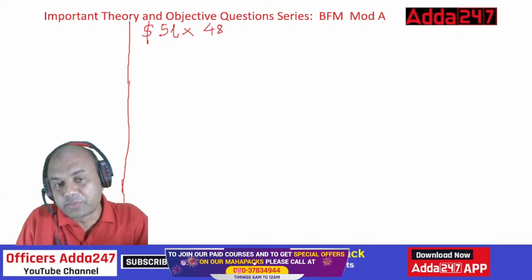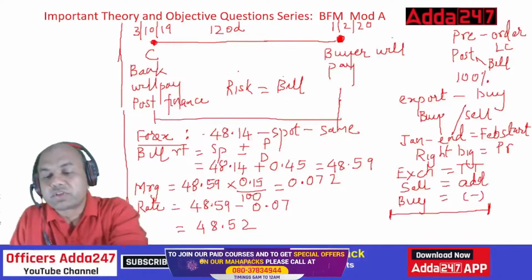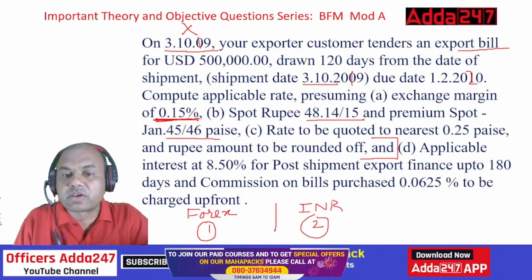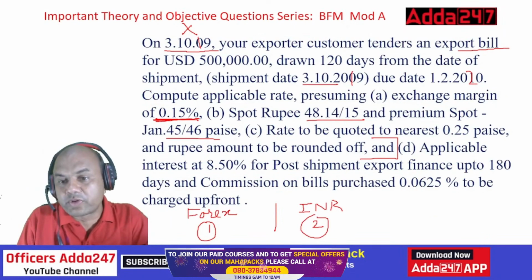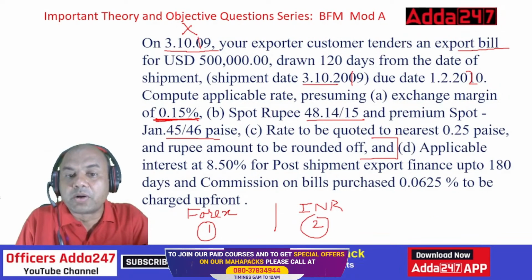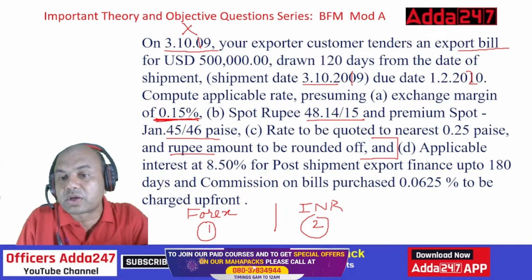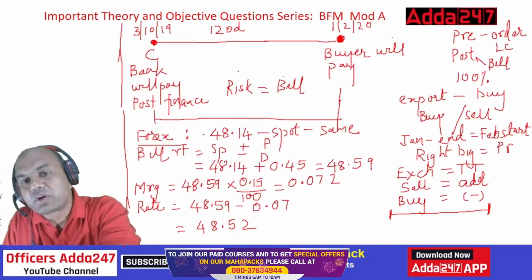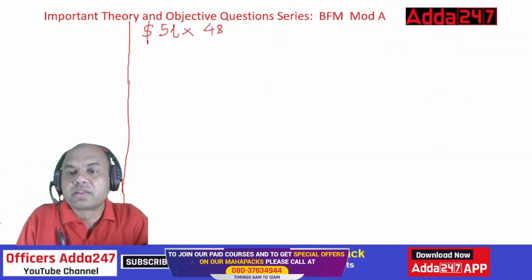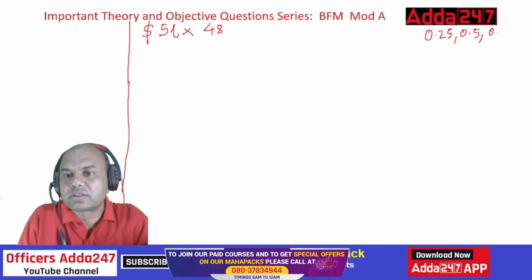Now look at this important point given here: the rate is to be quoted to the nearest 0.25 paise and the rupee amount is to be rounded off. See, the rupee amount is to be rounded off and the rate is to be quoted to the nearest 0.25. The meaning of 0.25 is that it will be like this: 0.25, 0.5, 0.75, like that. And last is 1.